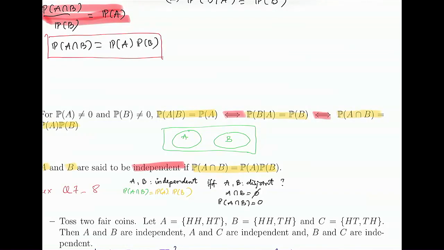Can you show me that A and B are independent, A and C are independent, and B and C are independent? How can we show A and B are independent?